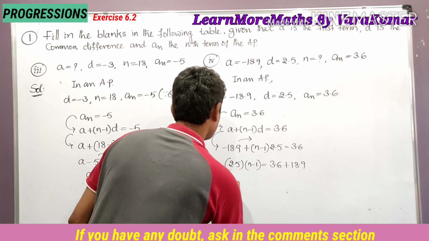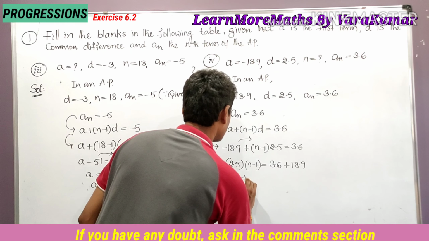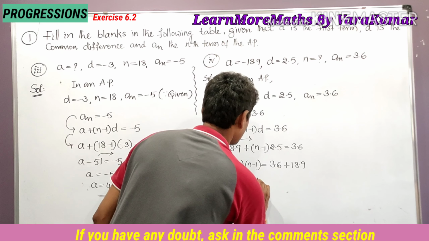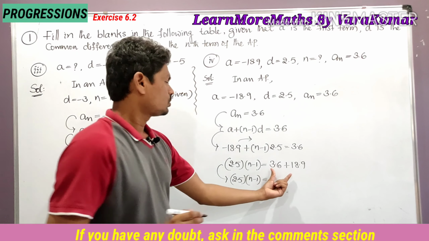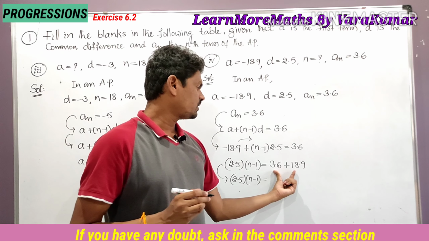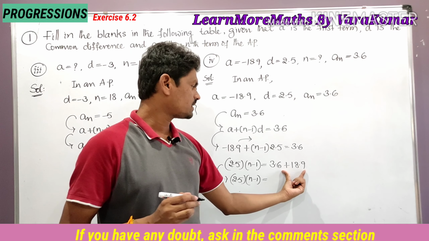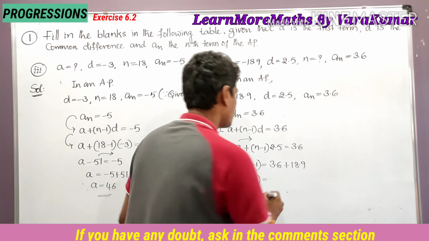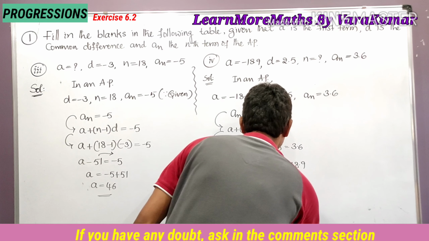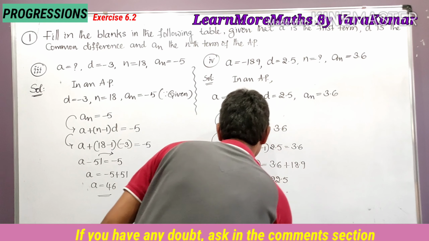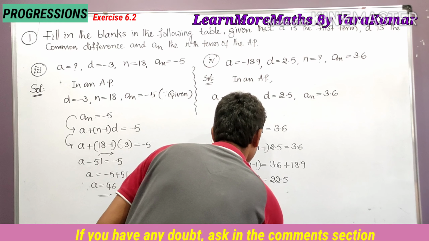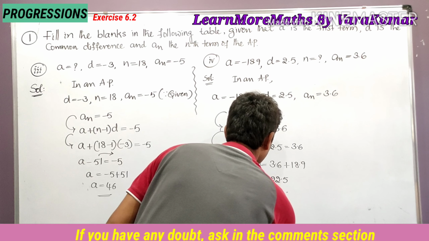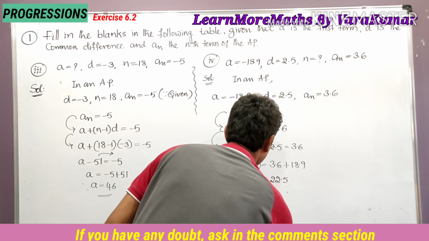So 2.5 into n minus 1 is equal to, 18 plus 3 is 21, student. 21 plus 1.5, 22.5. Here we can get 22.5. So n minus 1 is equal to 22.5 divided by 2.5.